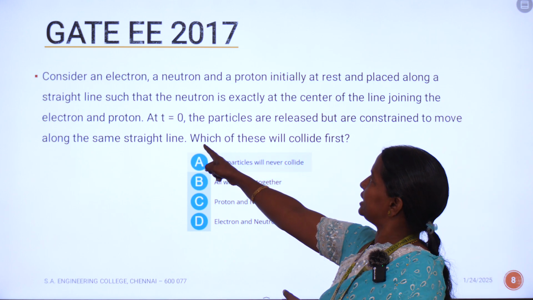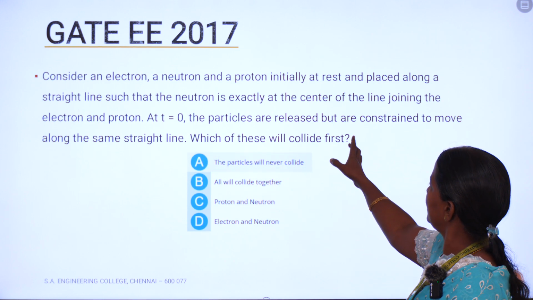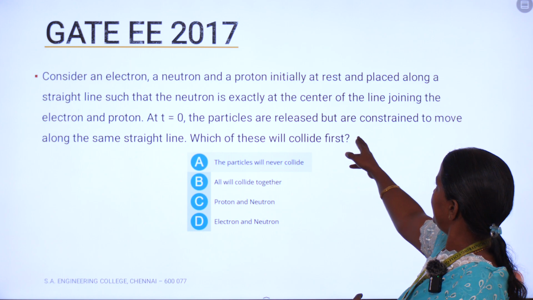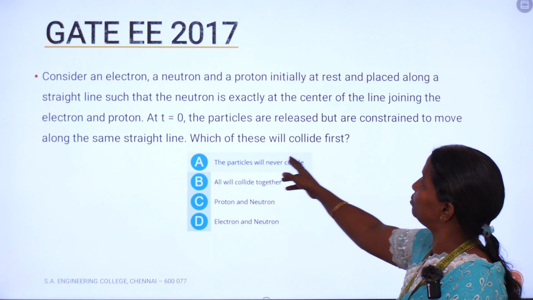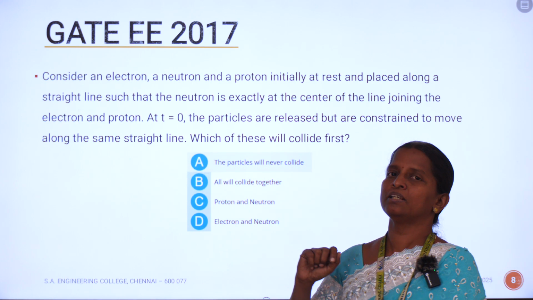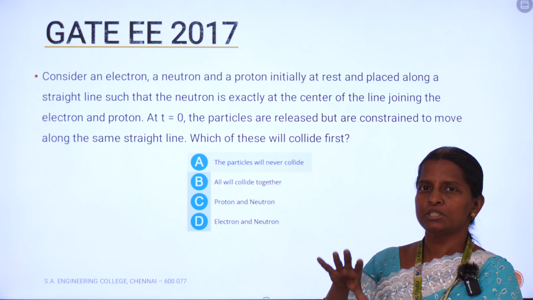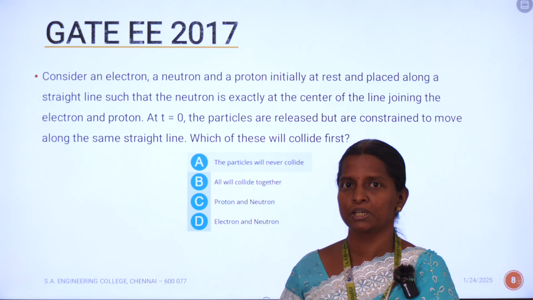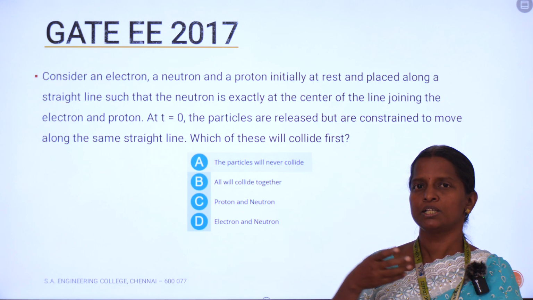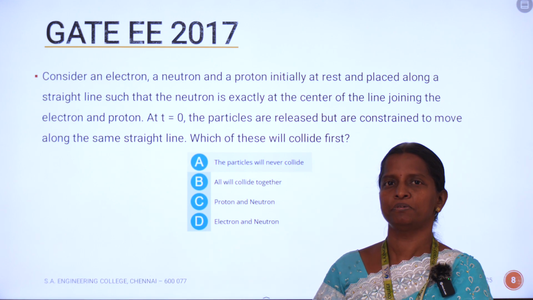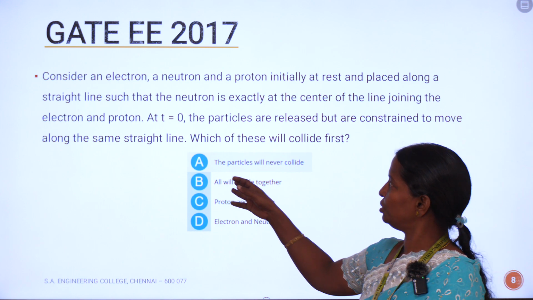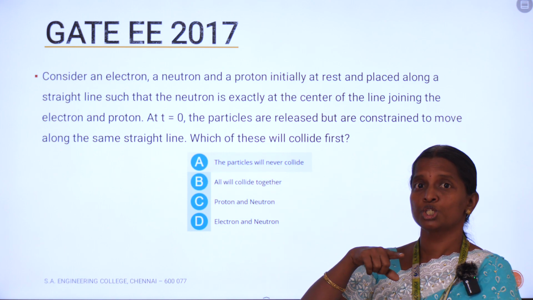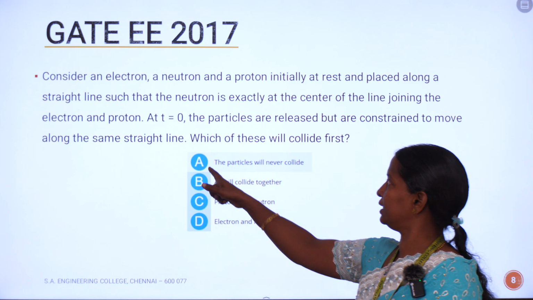At the time t is equal to 0, the particles are released but are confined to move along the same straight line. So using some force they are placed like that. If they are released, automatically they will move, because electrons are negative charge and protons are positive charge, so there will be a force of attraction. They can move along the straight line only.